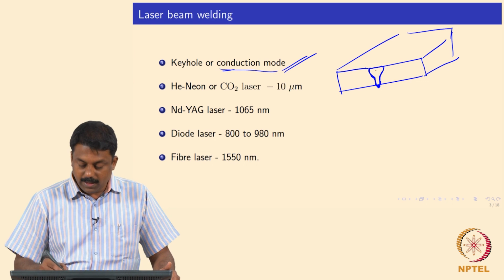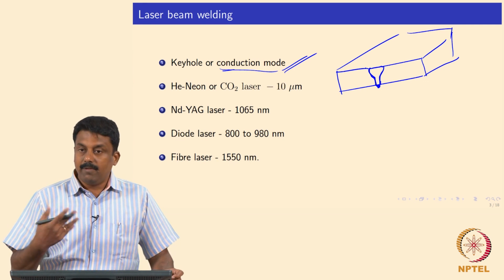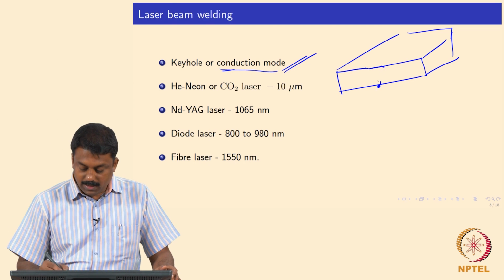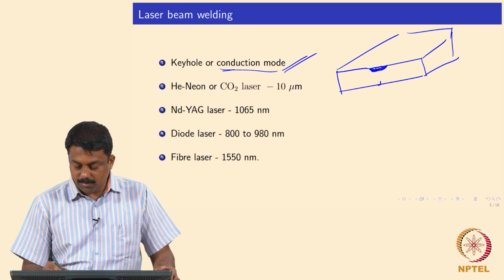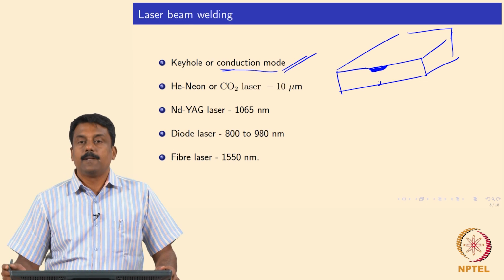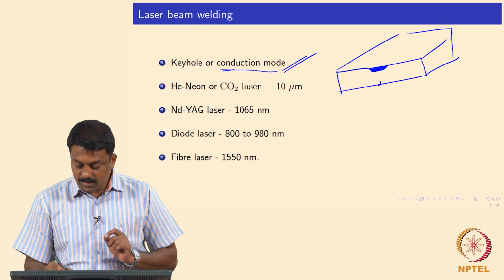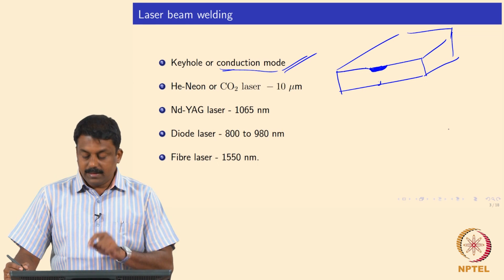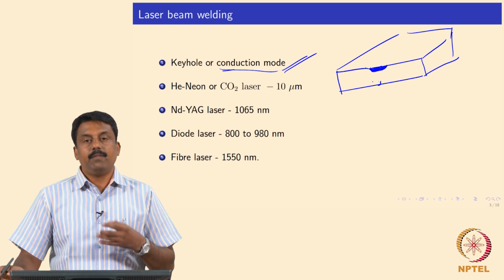But now you can imagine that if the power is high enough, you can have a full penetration with the keyhole, or you can reduce the power or defocus the laser, so that you do not melt the entire cross section, you just melt at the surface. Only this area is molten. This type of melting is known as welding in conduction mode, and it is done for various reasons.